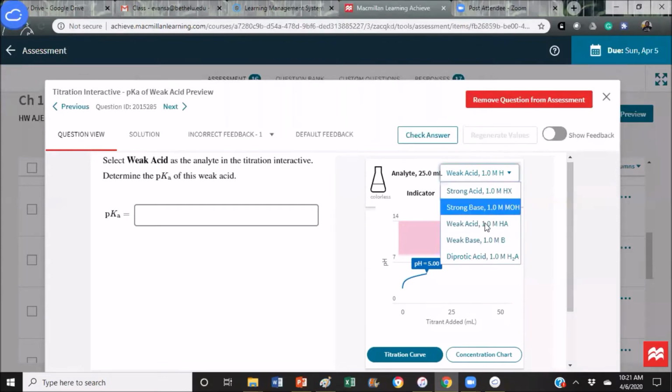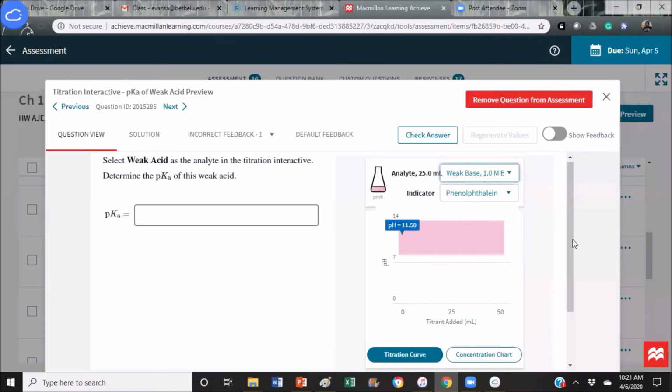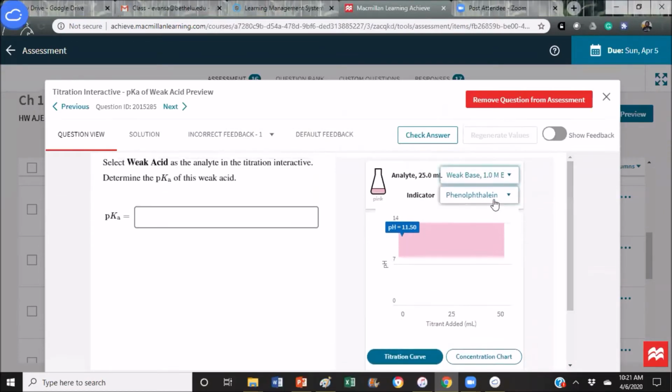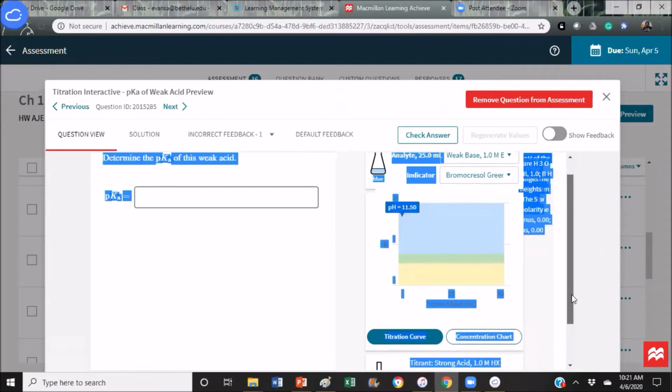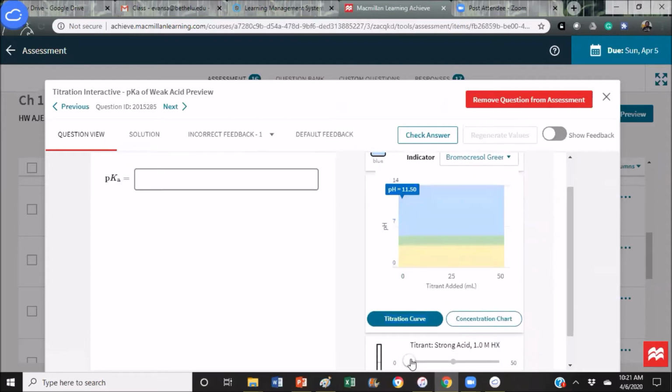So let's look at a weak base real quick. I'm going to want a different indicator because it's going to jump the other way. But if I add a strong acid, we have the same thing.